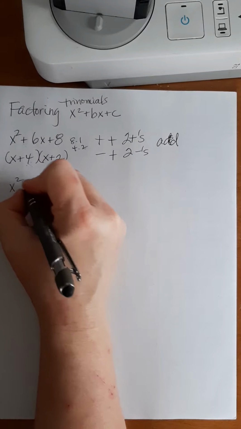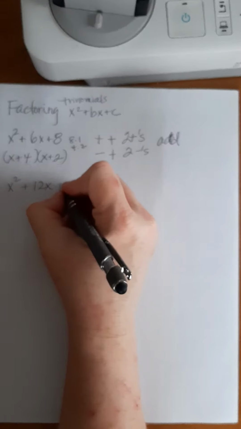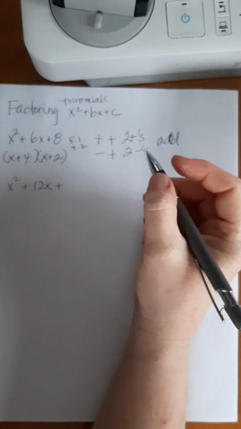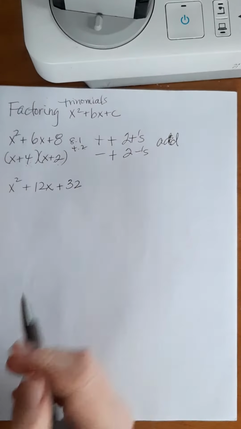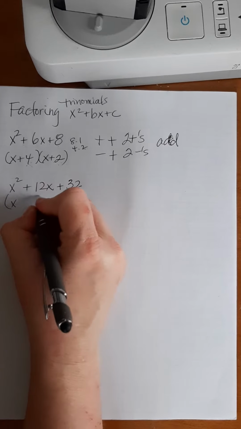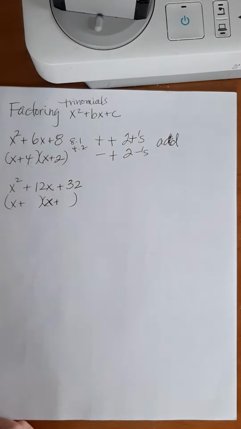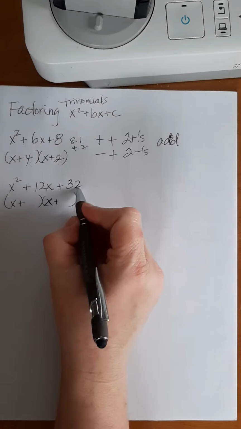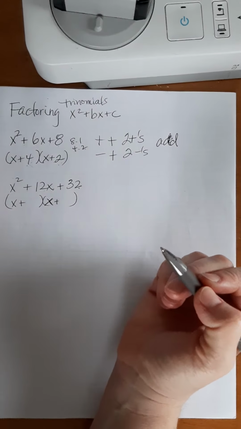Let's do another one. X squared plus 12x plus 32. So this one, x squared and two pluses. So x is out front, two pluses. And then what multiplies to give you 32 and adds to give you 12?